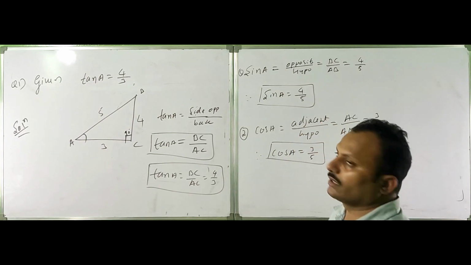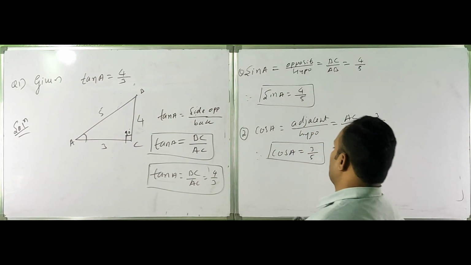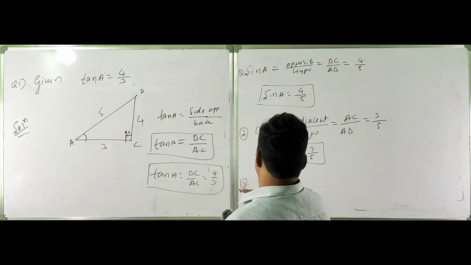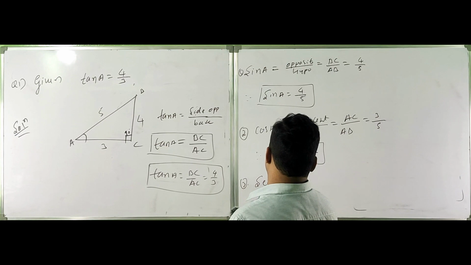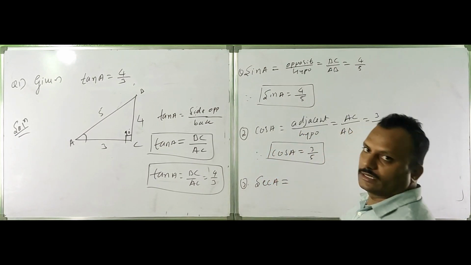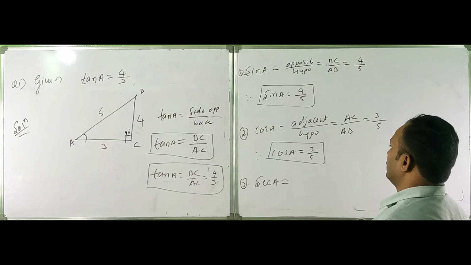Then the standard ratios are done. Now the reciprocal ratios. Third one is sec A, the reciprocal of cos.